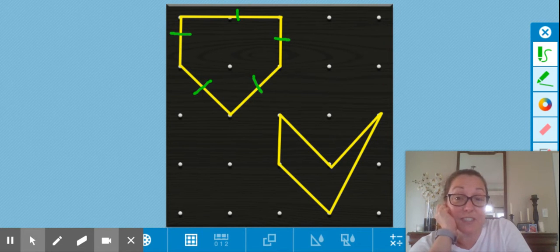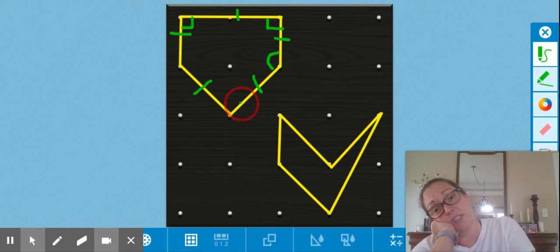This has 5 sides. And are you okay if I use the same color pen just so we don't take too long in this video? 1, 2, 3. I think this is 4 and 5.